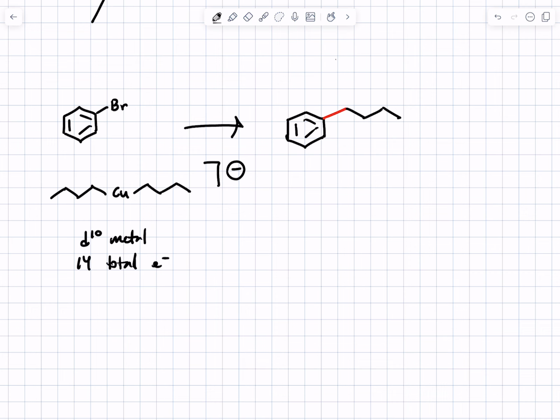What's thought to happen here, and I don't have time to illustrate it today, though I will next time, is that 2 things happen at once. You form a new bond between copper and the halide at the same time as you form a new bond between the carbon and the copper. That's a different thing than you've ever seen before.